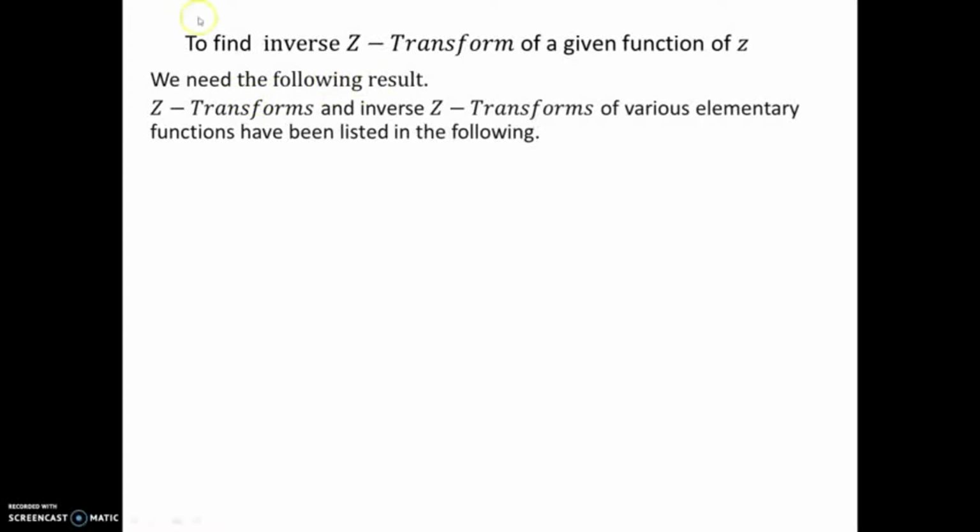Therefore, we know that Z transform of the elementary function a power n gives z by z minus a. So Z inverse of z by z minus a gives a power n.